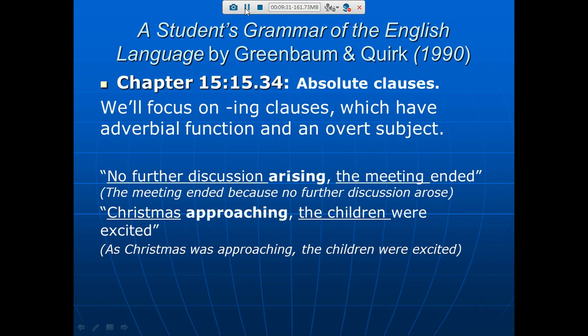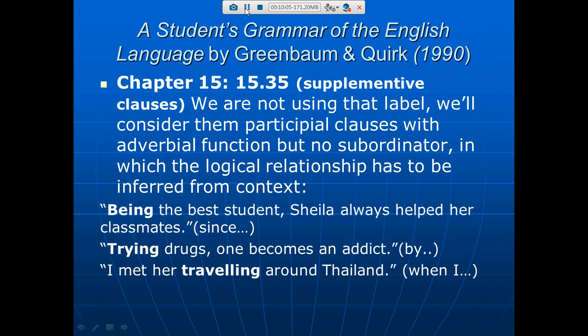The same goes for "Christmas approaching, the children were excited," which could be paraphrased as "Christmas was approaching, the children were excited." We can see that the subordinate absolute clause has an overt subject, which is non-co-referential with the subject of the main clause: Christmas in one case and the children in the other. Bear this in mind to compare and contrast with absolute clauses in Spanish, because there's a slight difference as regards co-referential or non-co-referential subjects.